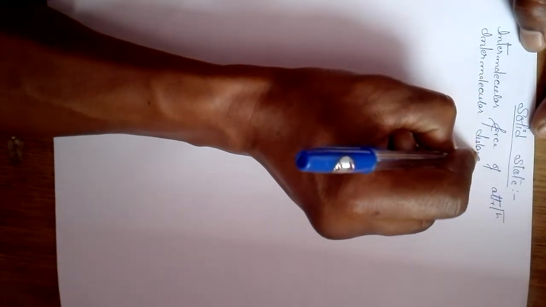You know what happens in case of solid, the intermolecular force of attraction is very strong. It is because of that these constituent particles in solid are bound in a fixed position. They cannot move. Hence, because of that, the solid substance has definite shape and definite volume.